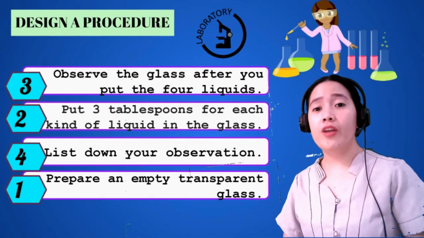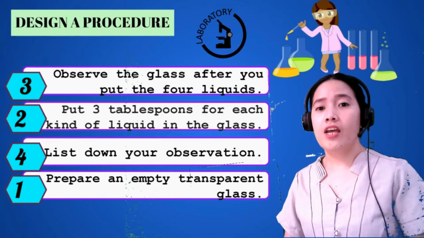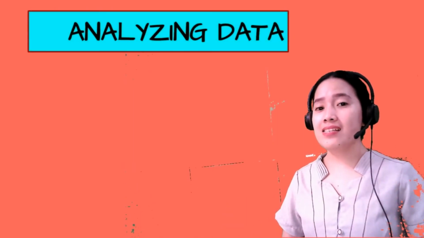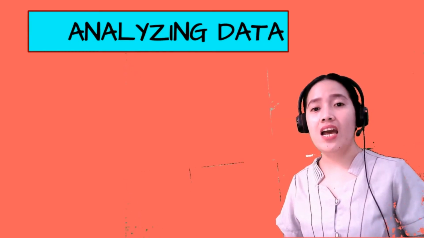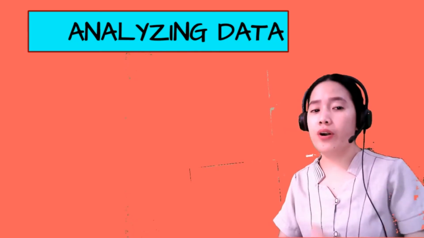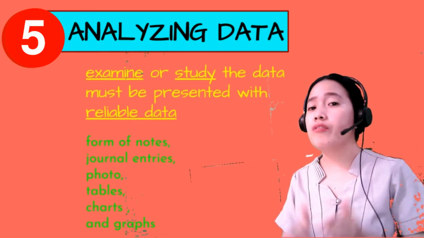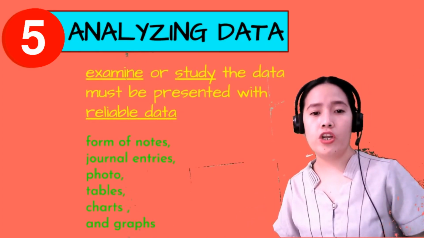Now that you are done with your experiment, you have to analyze and interpret the data. So analysis or analyzation means examine or study the data you have gathered from your experiment. The result of the experiment must be presented with reliable data and information.